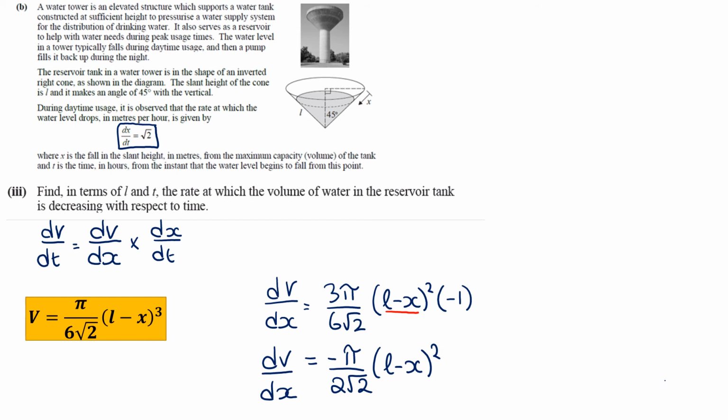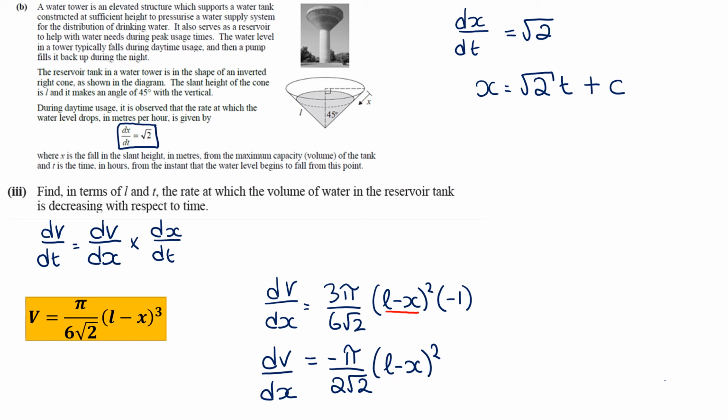So I need to now figure out, how do I change my x to a t? And the answer is to use this little piece here. So we have dx/dt, and if we integrate that, we can bring it back to x is equal to square root 2 t plus c, so the constant of integration.